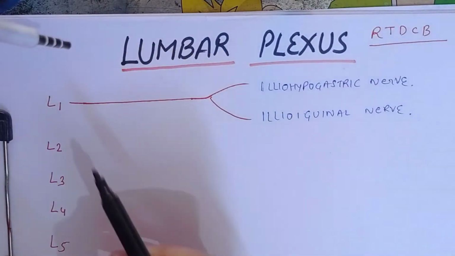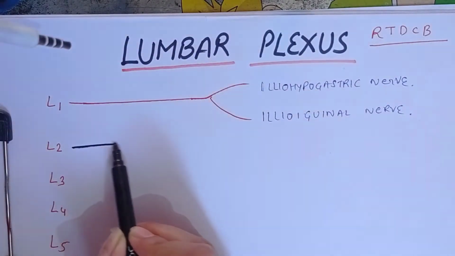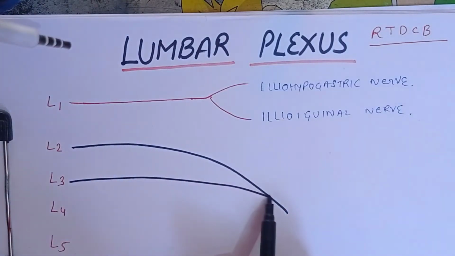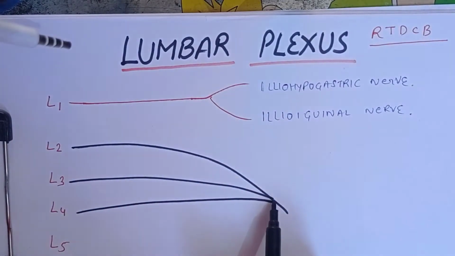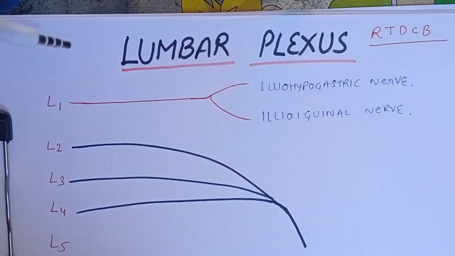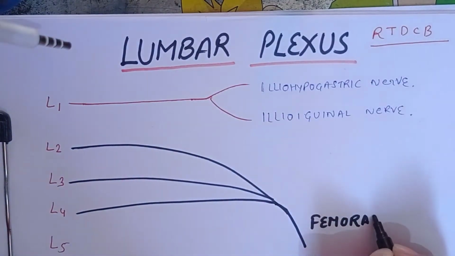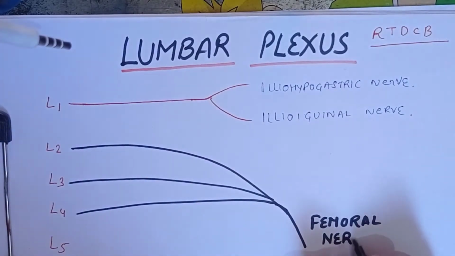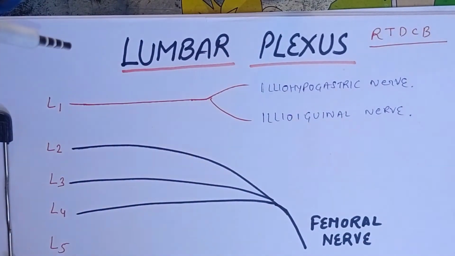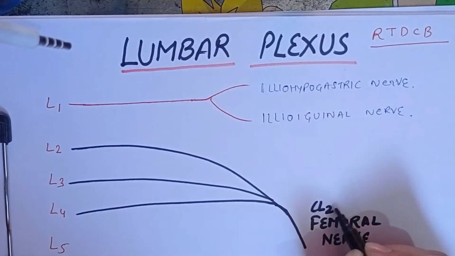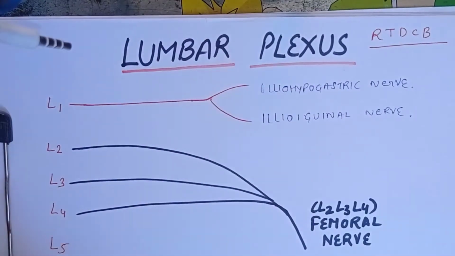So L2, L3 and L4 gave a nerve which is called the femoral nerve. If I talk about the root value of the femoral nerve, then the root value is L2, L3 and L4. L2, L3, L4 are the root values of the femoral nerve.